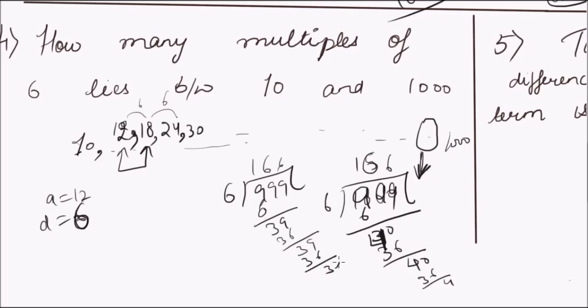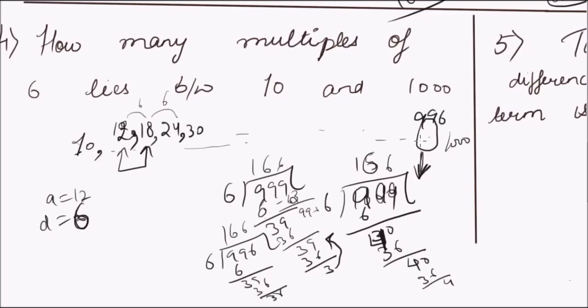Let us move 3 steps backward to have a remainder 0. That is 999 minus 3, which will give us 996. On checking 996, it will surely be divisible by 6. So the last term of this AP is 996. So let an be 996.